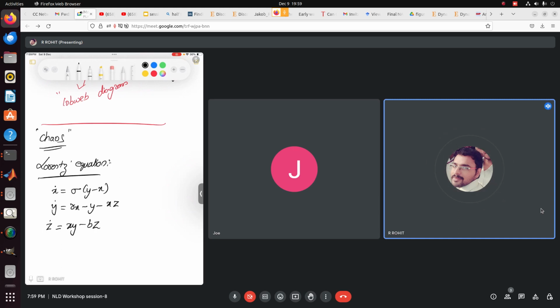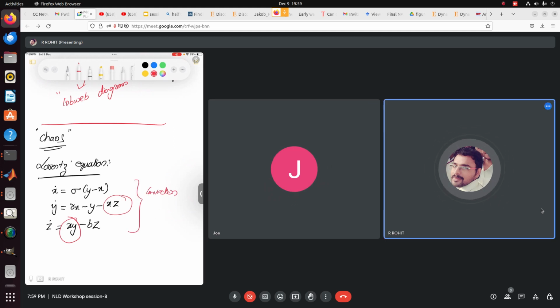If we look carefully, in this simple model we have only two non-linearities, xy and xz, and the remaining sigma, r, b are all parameters. We will discuss them in detail. Lorentz derived this three-dimensional system from a drastically simple model of convection rolls in the atmosphere.